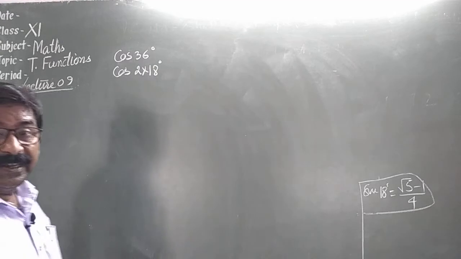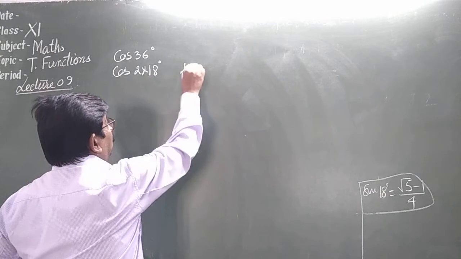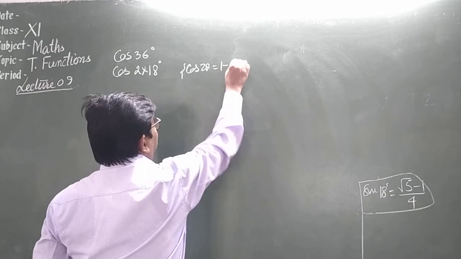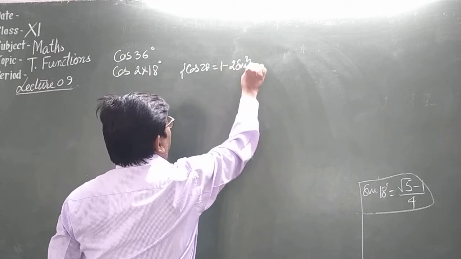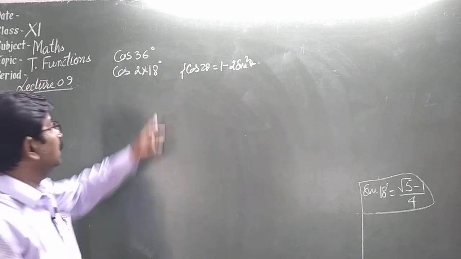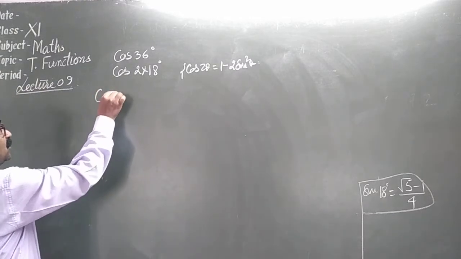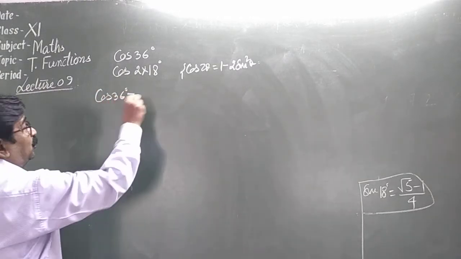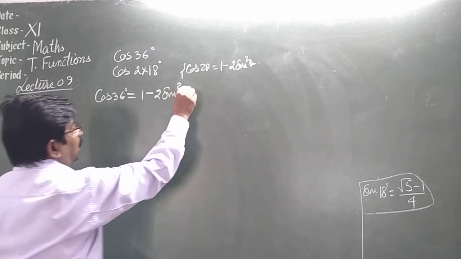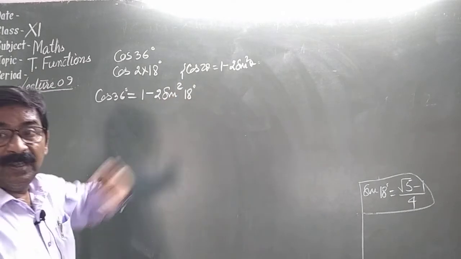The formula of cos 2 theta is equal to 1 minus 2 sin square theta. Remember this formula, and in place of theta we have 18. So cos 36 degree is equal to 1 minus 2 sin square 18 degree.